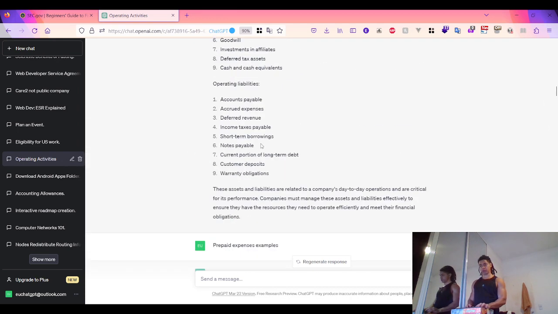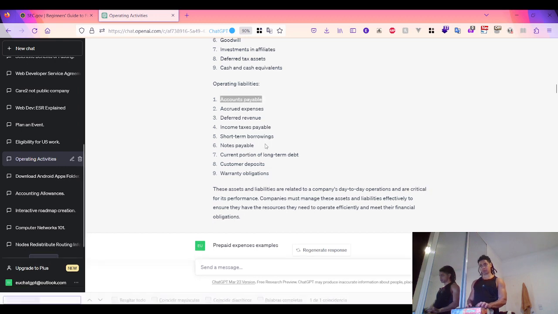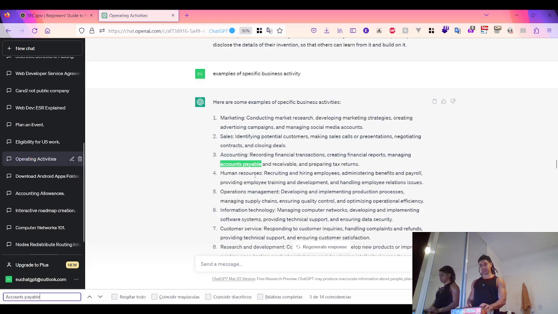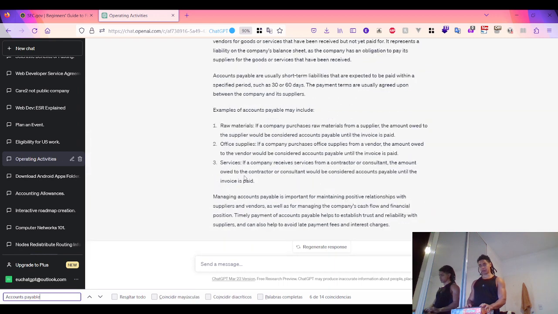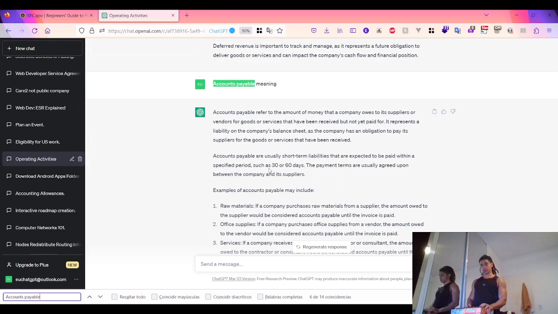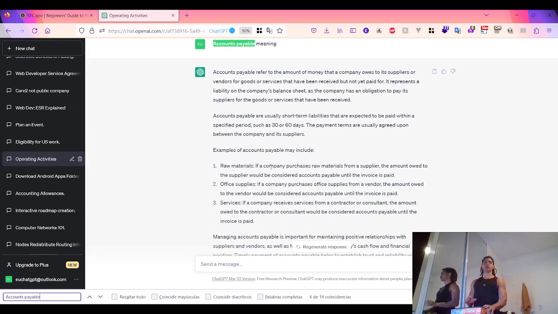When I look at accounts payable, the subtle difference between accounts payable and accrued expenses is that accounts payable is money that you owe to your vendors and suppliers, usually short term, within 30 to 60 days.